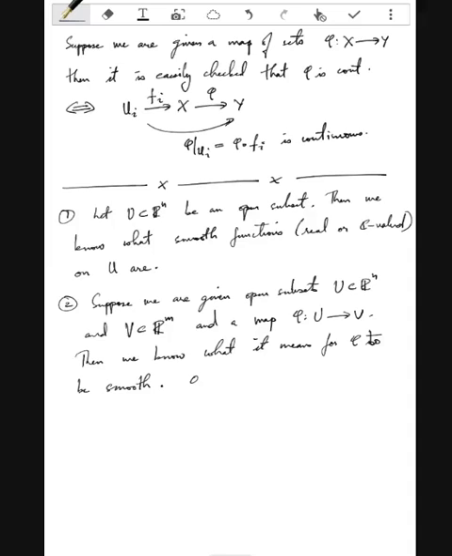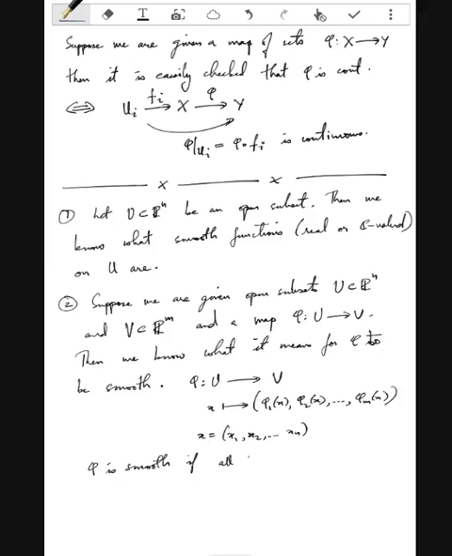Namely, my phi from U to V will be of the type x maps to phi_1 of x, phi_2 of x, and so on up to phi_m of x, where x is an n-tuple x_1, x_2, ..., x_n, and phi is smooth by definition if all the phi_i's are smooth.